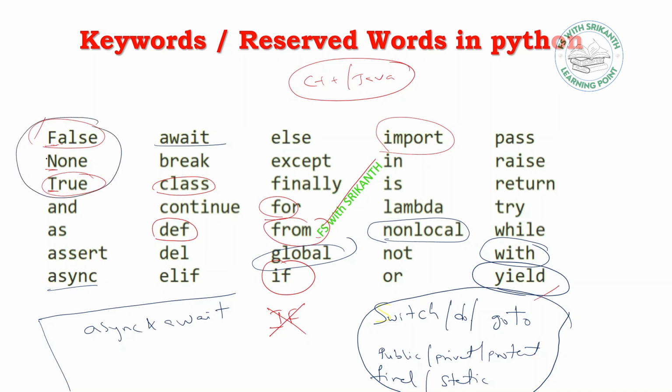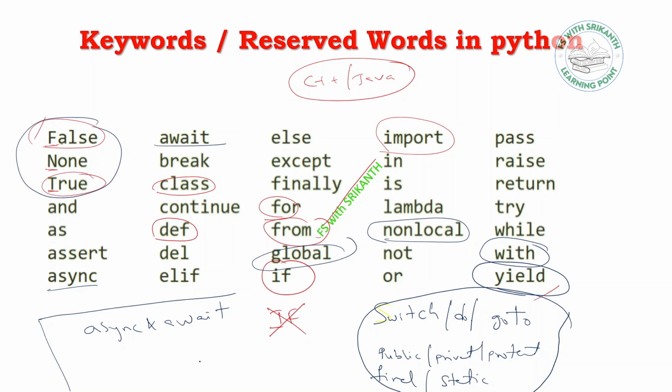From a memory management point of view, in Java there are new, delete, free, this kind of memory deletion operations and keywords available. But Python provides automatic memory management. From an exception handling point of view, there are try, catch, throw, finally.